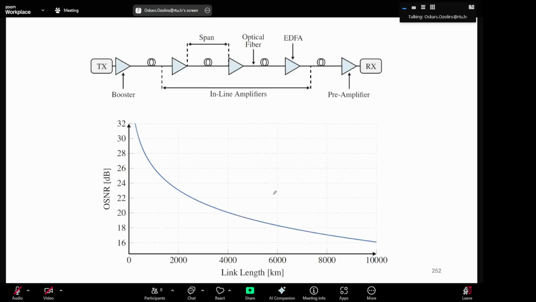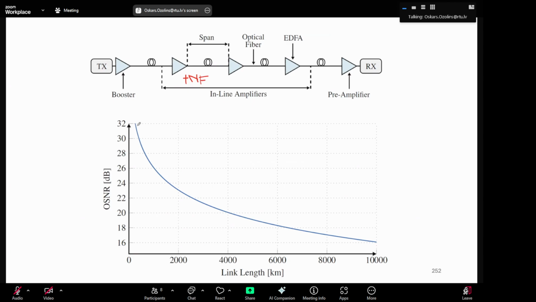And then these amplifiers can be put at different distances. When you don't have enough power, you put an amplifier to get the signal amplified. And what happens is that whenever you amplify the signal, each amplifier also adds noise.